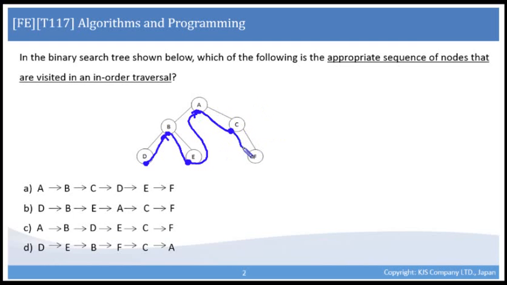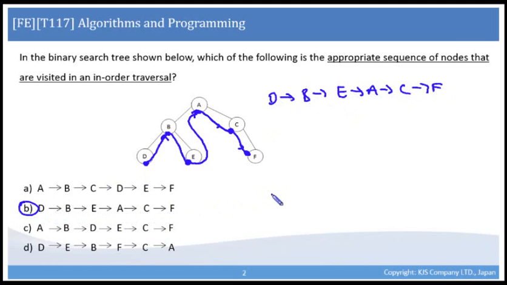So the only final place we can visit is F, down here. This means that the order that we are expecting the nodes to be visited is D, then B, then E, then A, then C, then F. And what we can see is this aligns with our value for B: D, B, E, A, C, F.